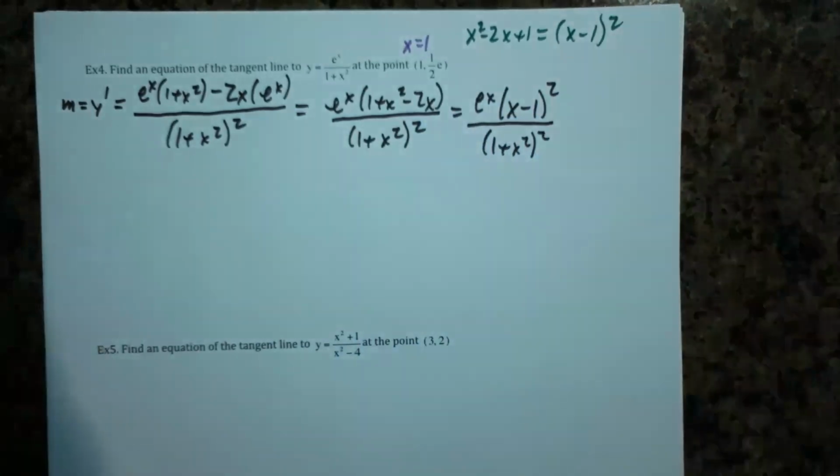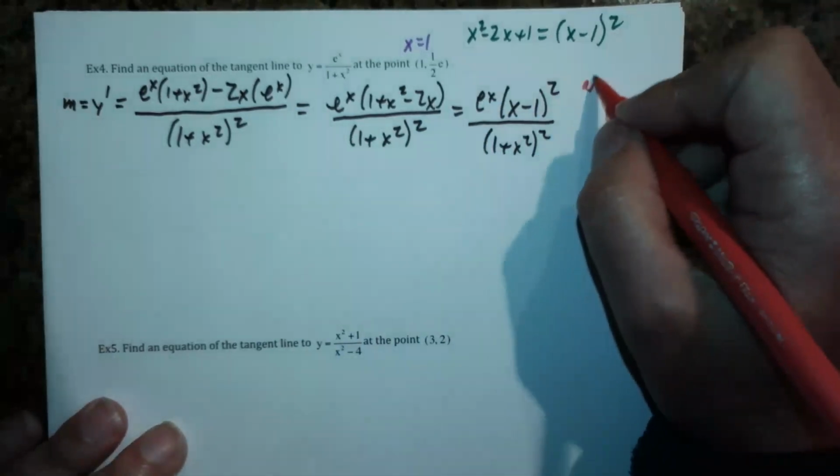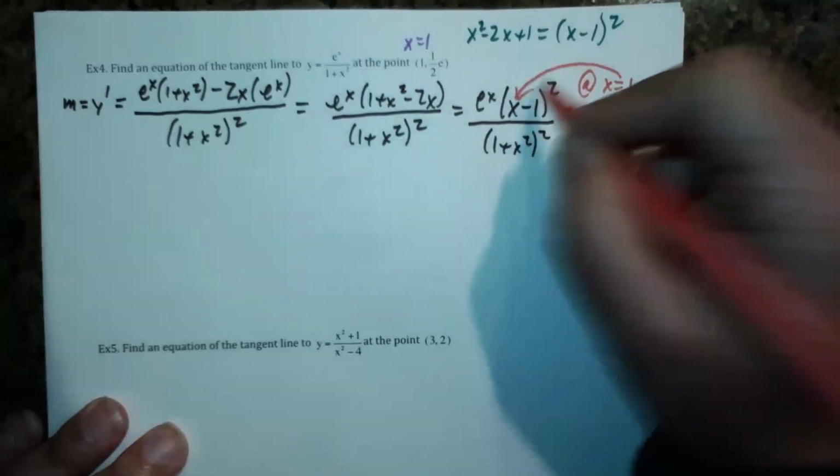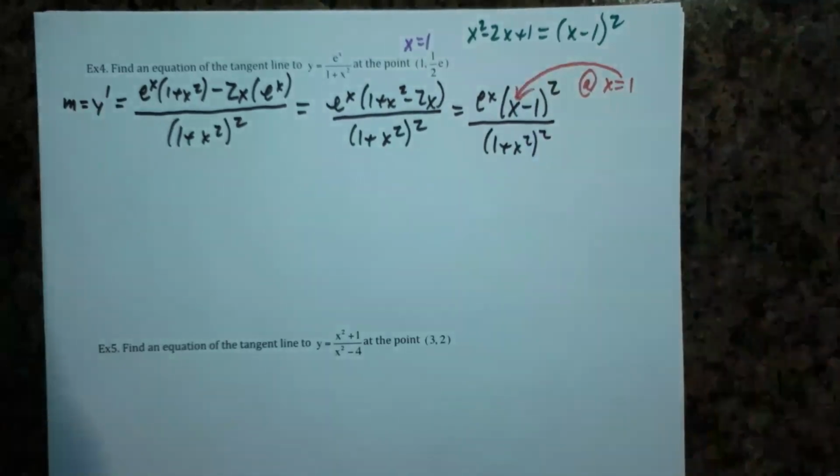All right, so we're going to plug a 1 into here so we can get our slope. Now, very nice for this particular one. At x equals 1, when I dump that into there, notice I get 1 minus 1, which means the slope is 0. Done. That was easy.